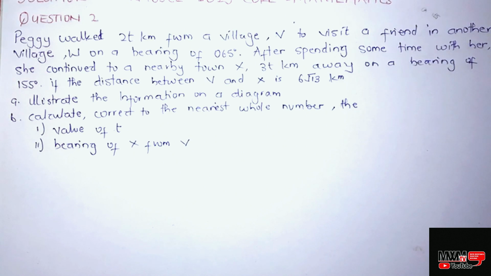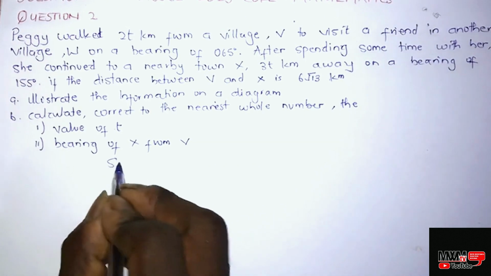If the distance between V and X is 6 root 13 kilometers, A, we are asked to illustrate the information on a diagram, and B, we are asked to calculate, to the nearest whole number, the value of t and the bearing of X from V. So, the solution.